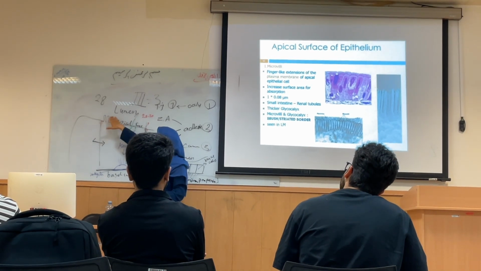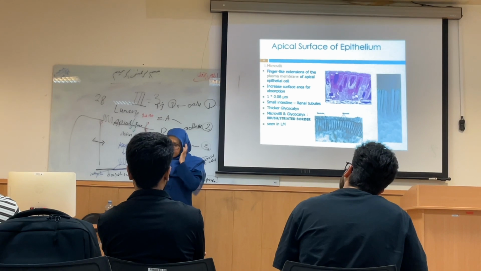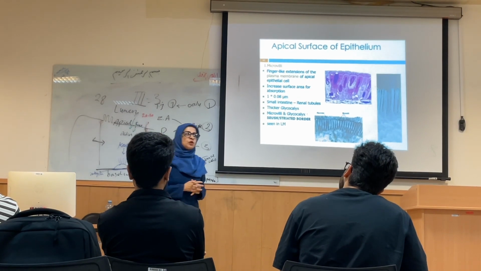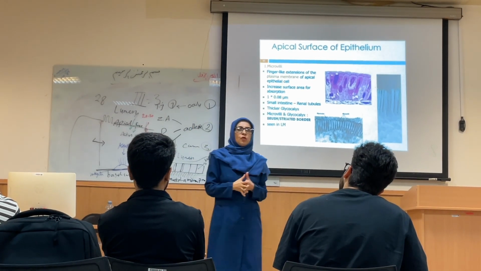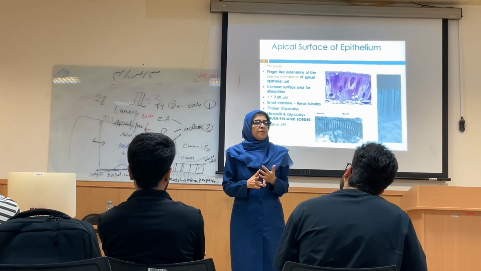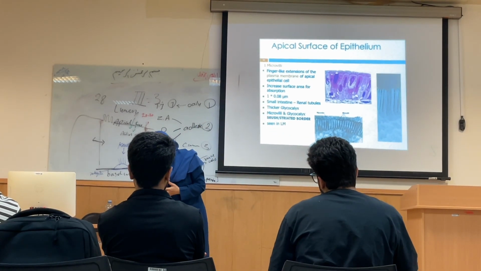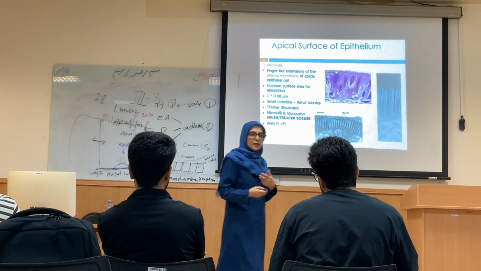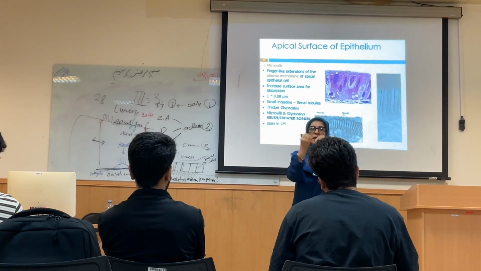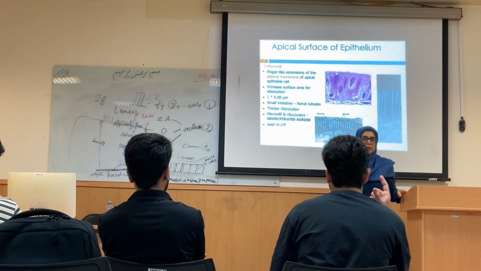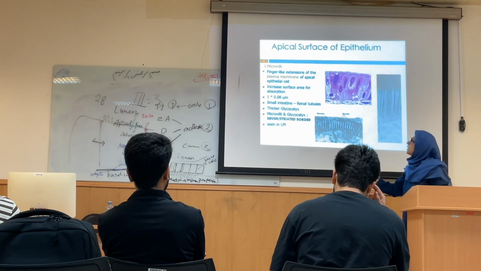They increase the surface. They are in the absorptive or reabsorptive organs, more in the small intestine and in the renal tubules. Yes, in the renal tubules, some materials, the useful materials, are reabsorbed from the urine.